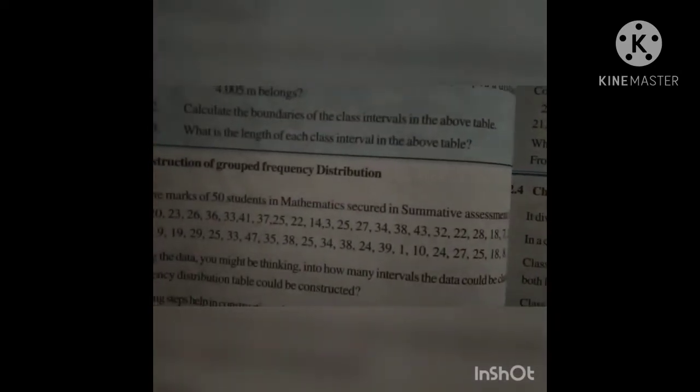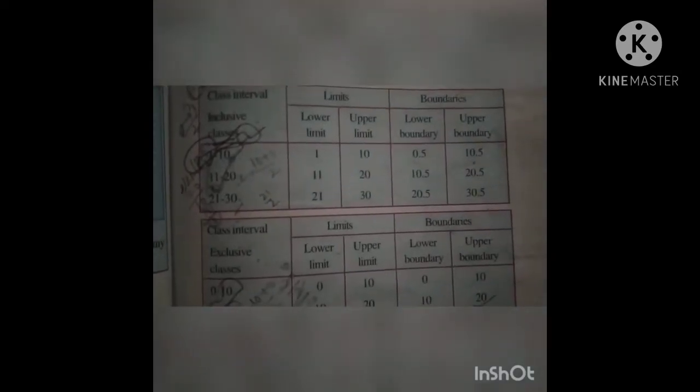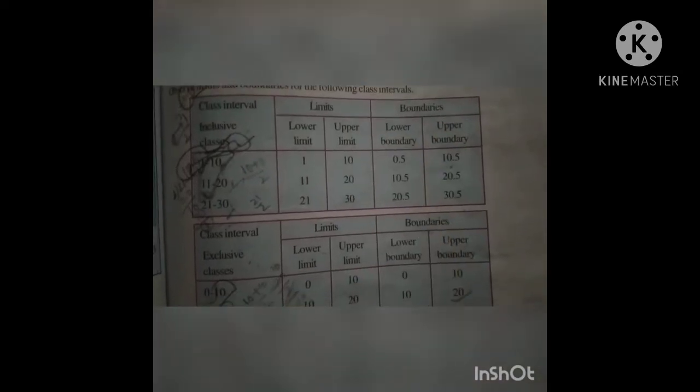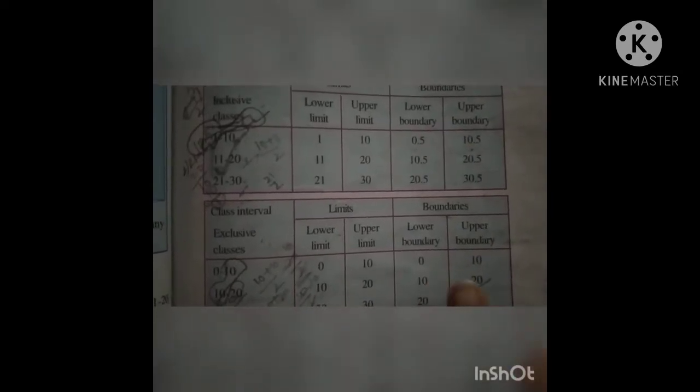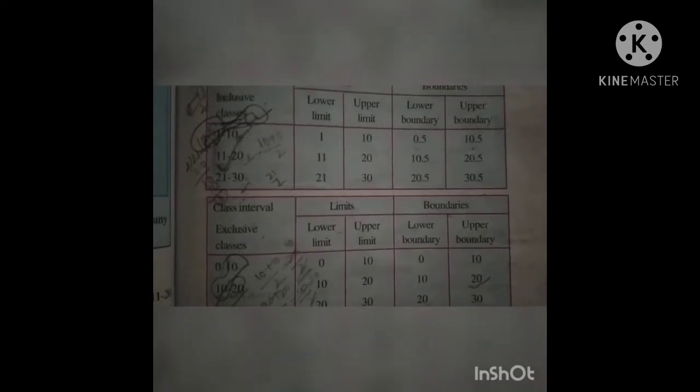Next, the difference between the upper and lower boundaries of a class is called the class length. Did you understand, children? Whether exclusive or inclusive, the difference between upper boundaries and lower boundaries is called the length of the class.